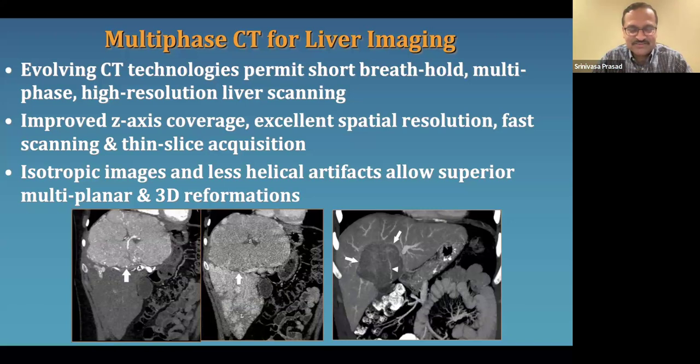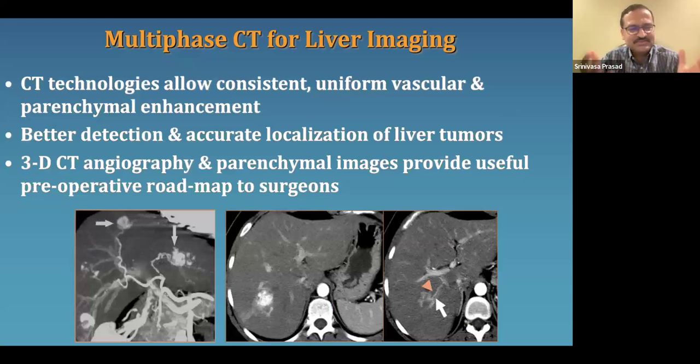We can do multiplanar reconstruction, and image various organs in a much better way, so that we can do a better job at localizing, detecting, and characterizing disease. Here is an example of how we can combine arterial and portal venous phase images to obtain excellent images, providing CT angiographic images for the surgeons to plan their surgery.